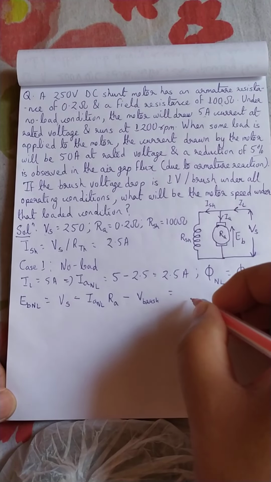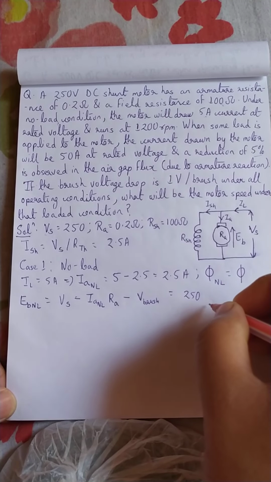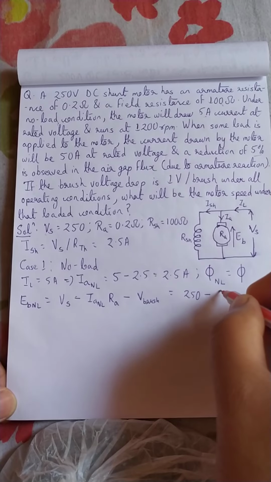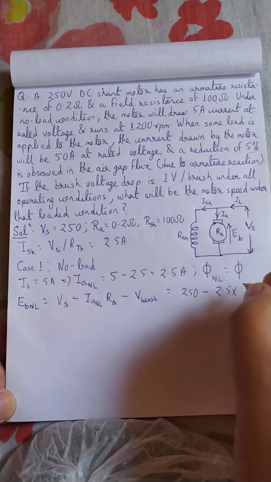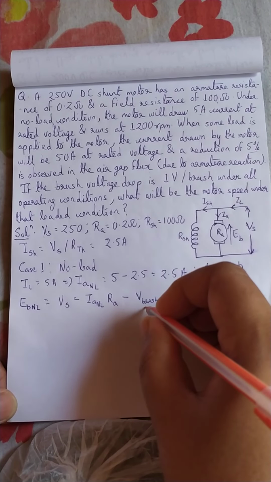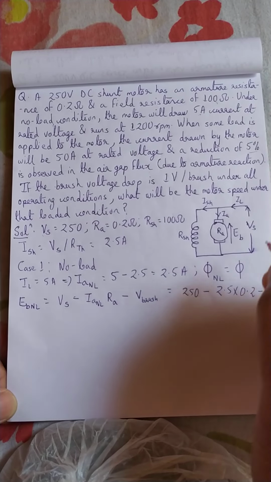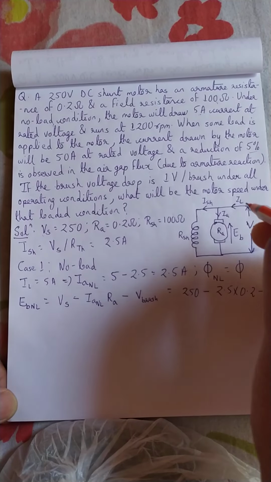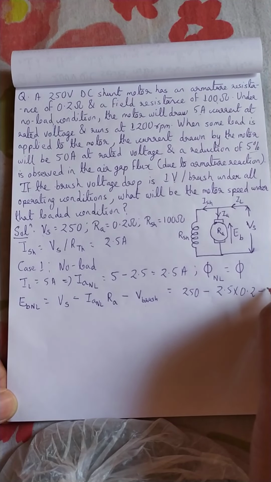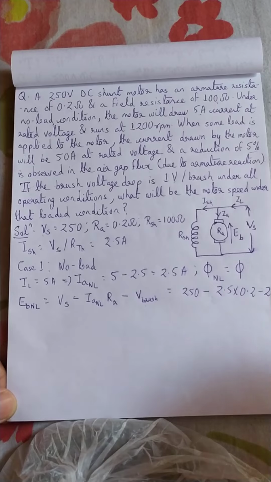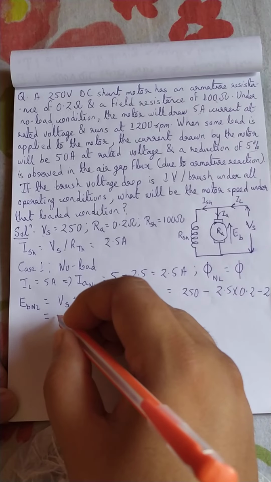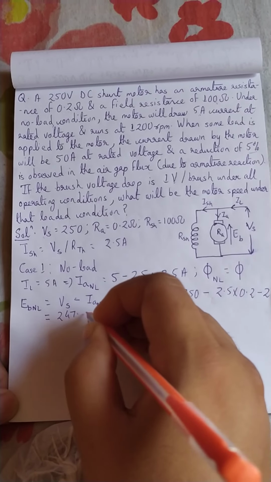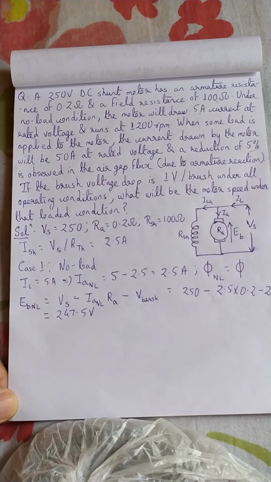Vs is 250, minus 2.5 into 0.2, minus the brush drop. There are 2 brushes, each with a 1 volt drop, so 2 into 1 equals 2. The no load back EMF comes to 247.5 volt.